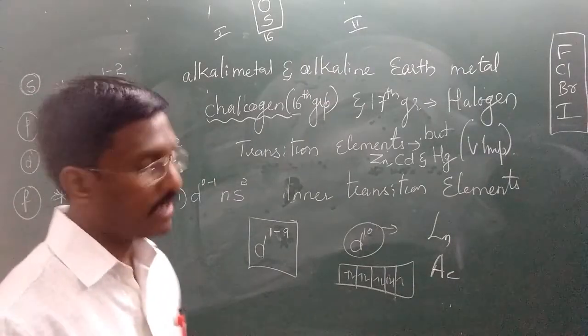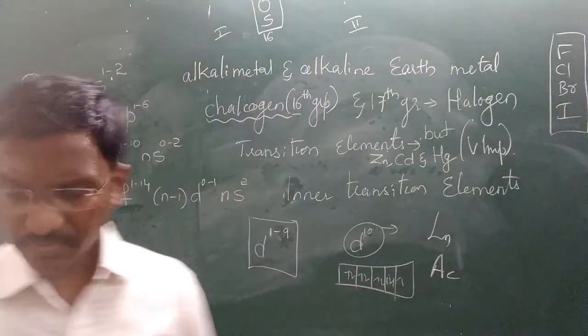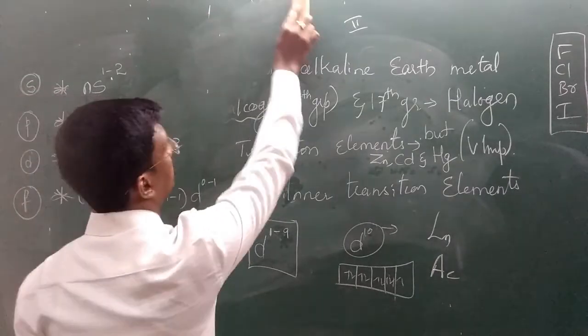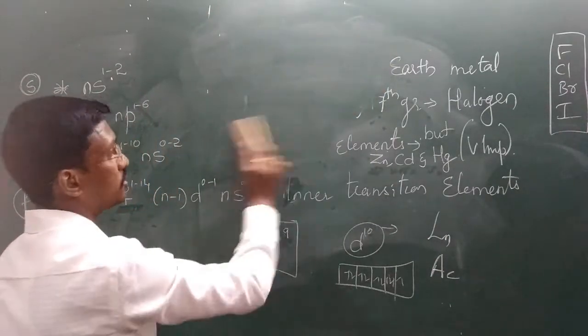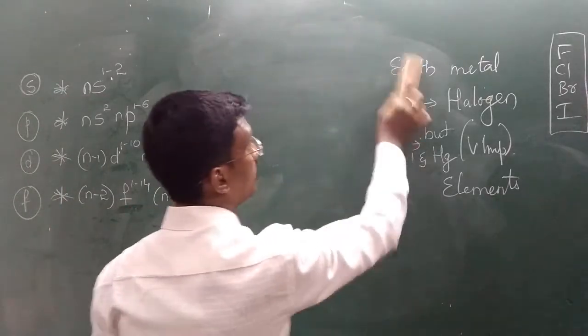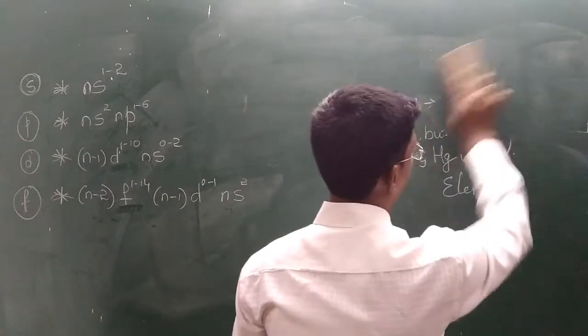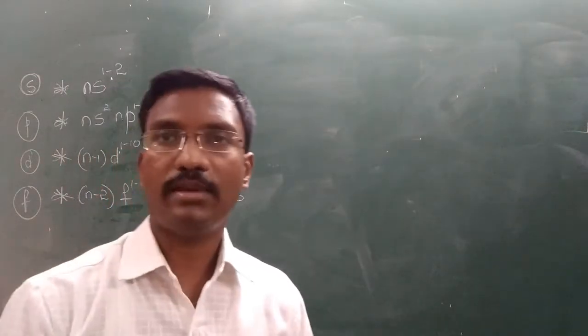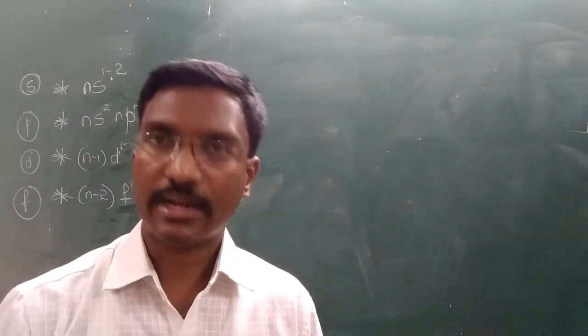Here some exceptions are there. Whenever you write the electronic configuration of an element, based on that electronic configuration you can say the position of the element. Already I have told you how to find the position of elements with the help of electronic configuration.